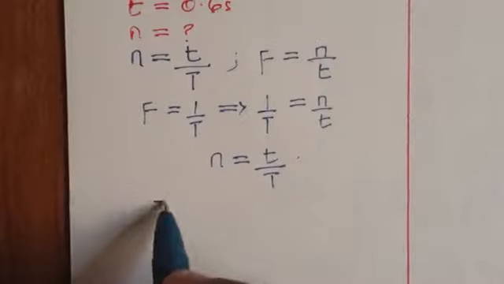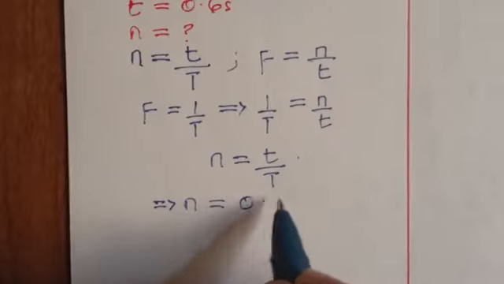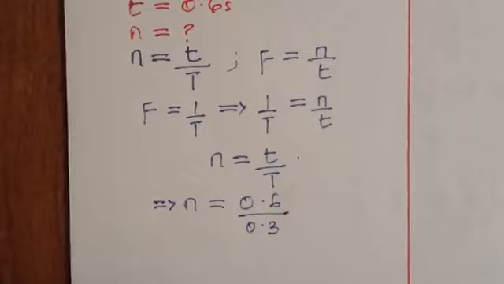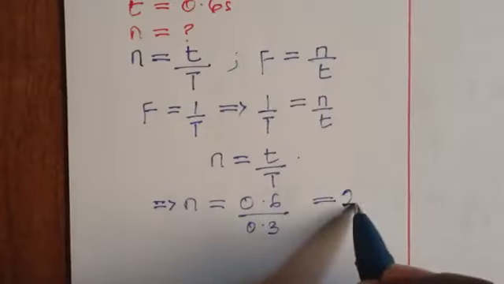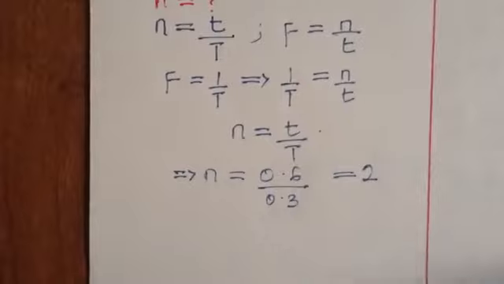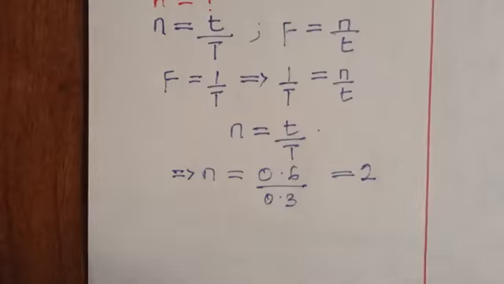So N will be equal to 0.6 all over 0.3. That will give us 2 oscillations.